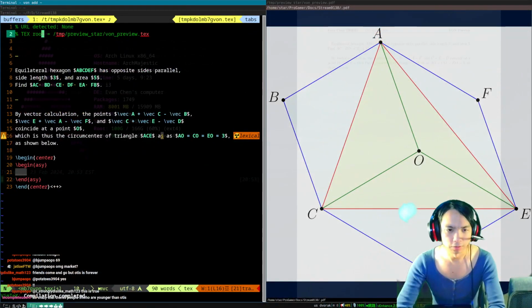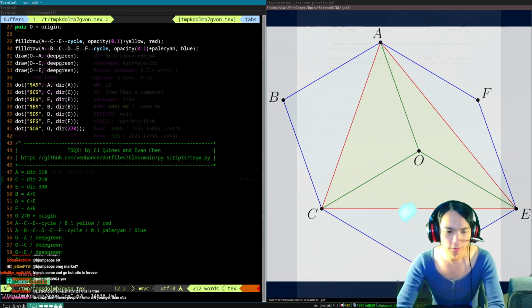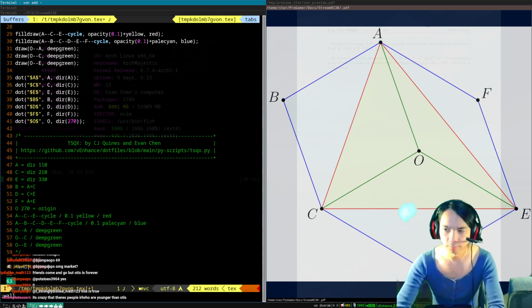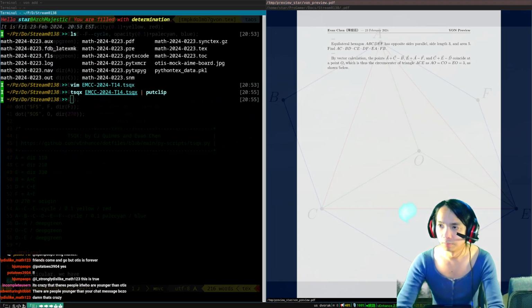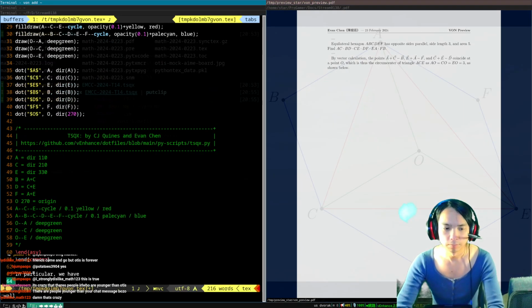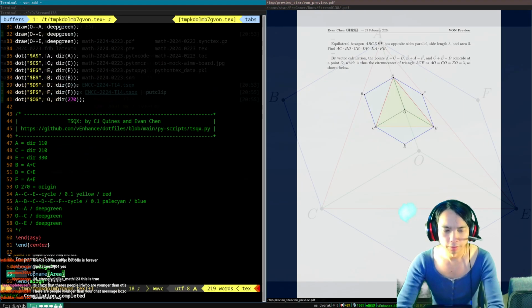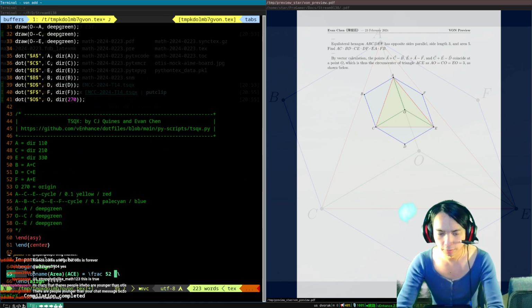Oh, I forgot to share the screen. Ta-da! In particular, we have area ACE equals 5/2.